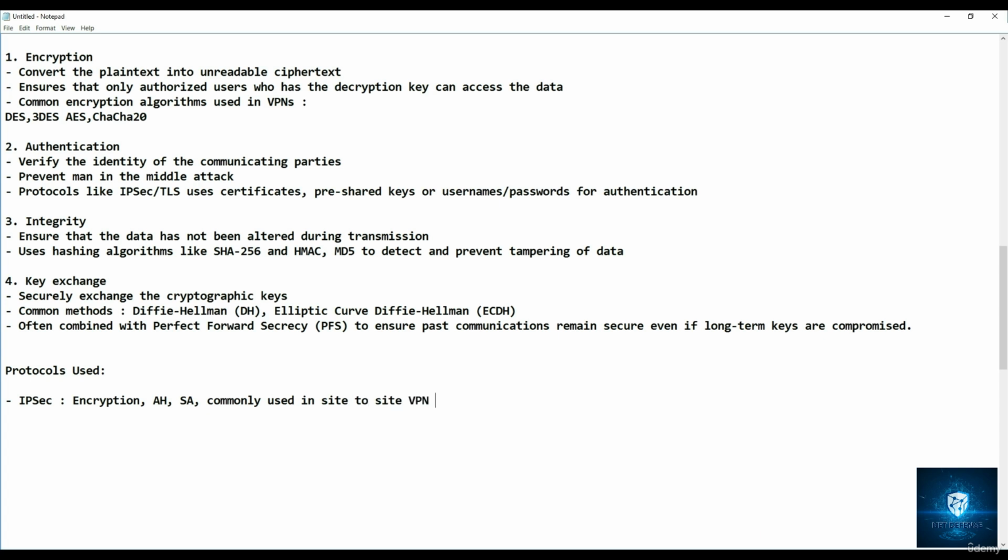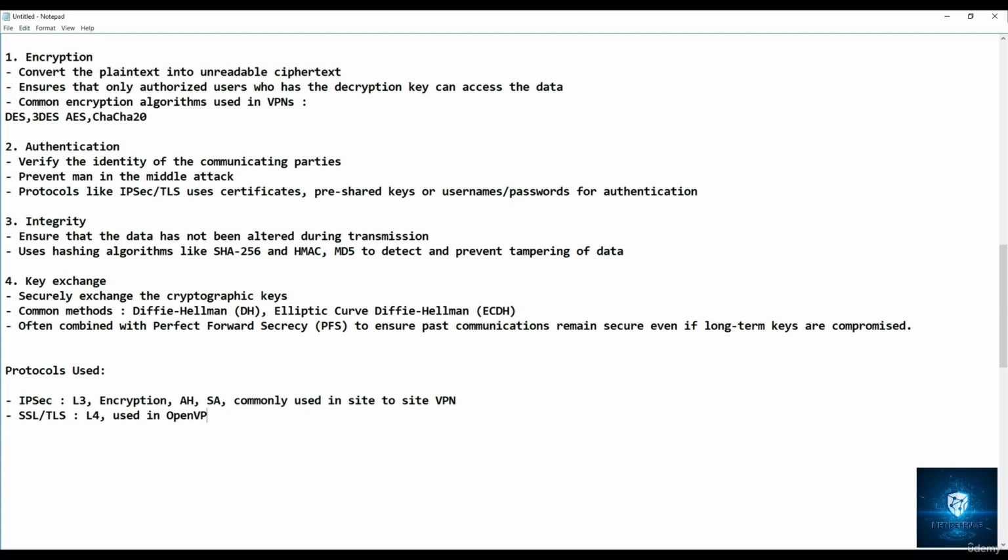Another protocol is SSL/TLS. It's called Secure Socket Layer slash Transport Layer Security. Okay, and it operates basically at the transport layer, so it's a layer 4 protocol, and by the way, IPsec operates at layer 3, so it's an L3 protocol. It is used in OpenVPN and SSL VPN.